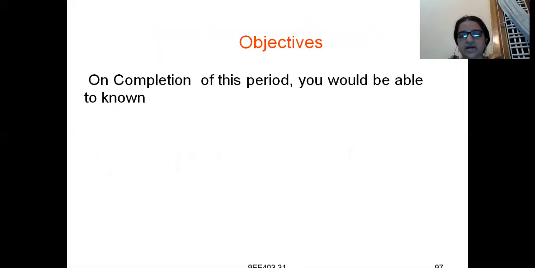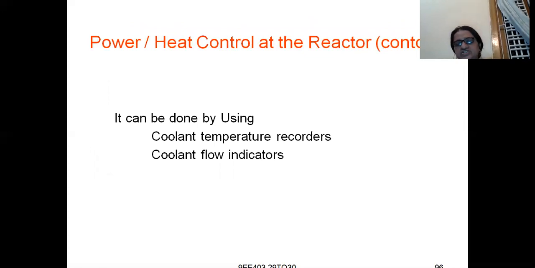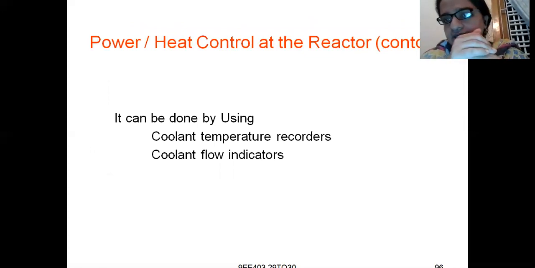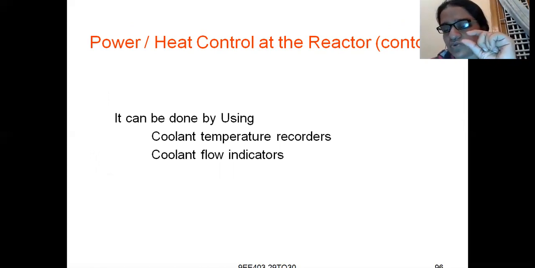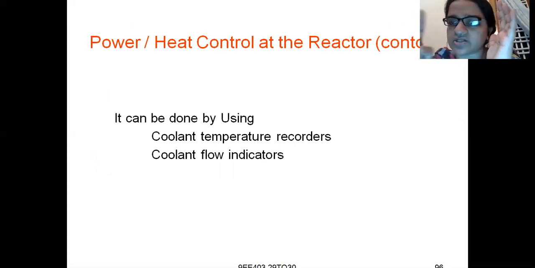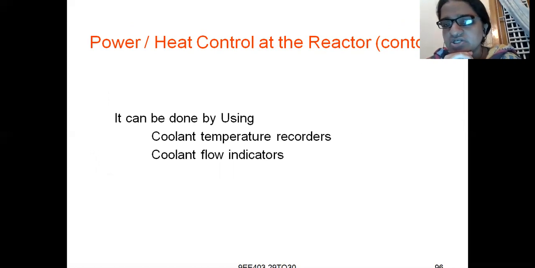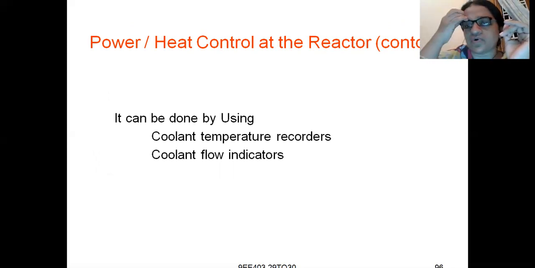Right. It can be done by using coolant temperature recorders and coolant flow indicators. You also need to see what the temperature of the coolant is when you are circulating it from the nuclear vessel to the heat exchanger. You need to check the temperature of the coolant entering the heat exchanger. This is done using temperature recorders and coolant flow indicators.